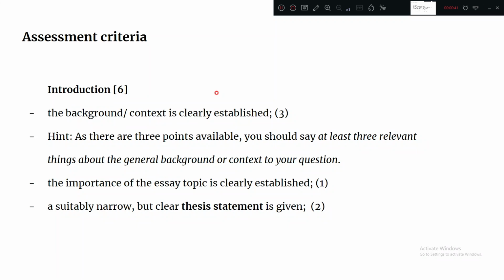So let's begin. Let's take a quick look at the assessment criteria. There are 3 points available for clearly establishing the context, the background to the essay. Here you should think about providing enough context, providing enough information so that a generally educated reader can understand the essay.